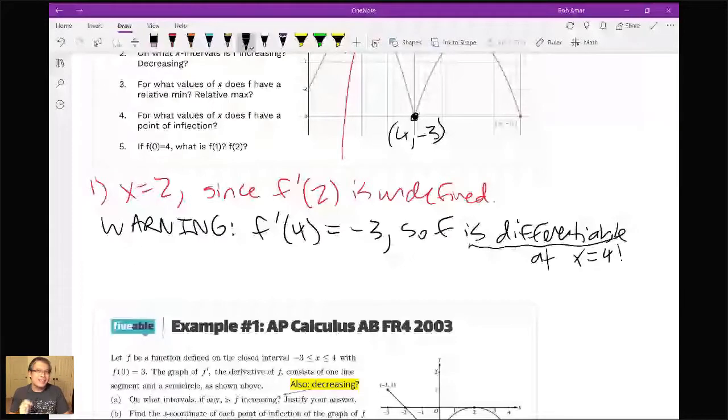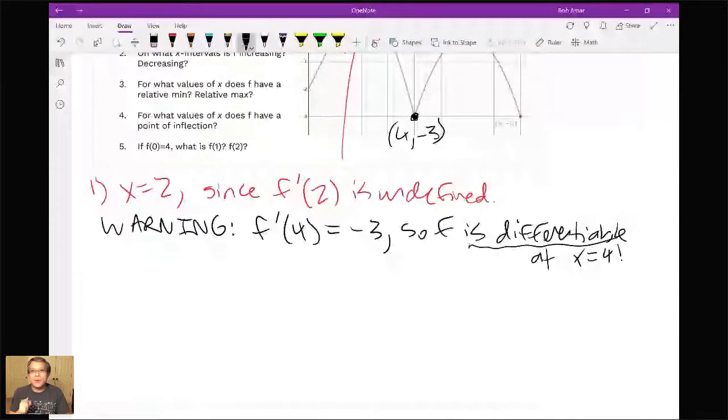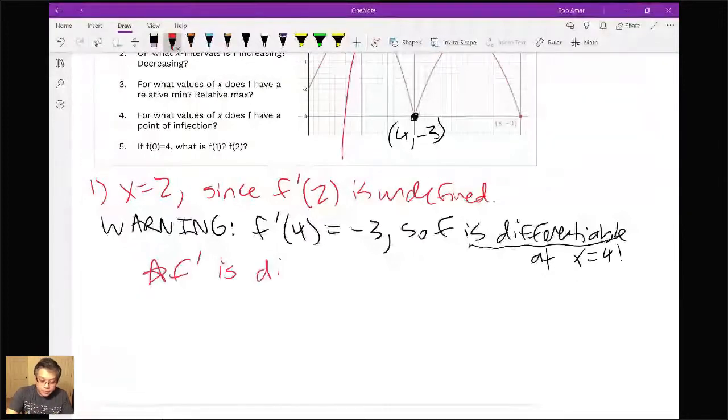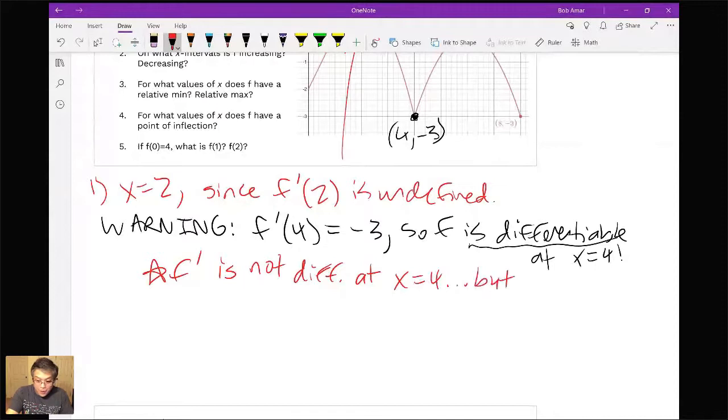But I wasn't asking you about f prime. I was asking you about f. And that's a key distinction. The AP folks are going to definitely want to know whether you can tell the difference. So it is the case that f prime is not differentiable, but we're not talking about f prime, are we?